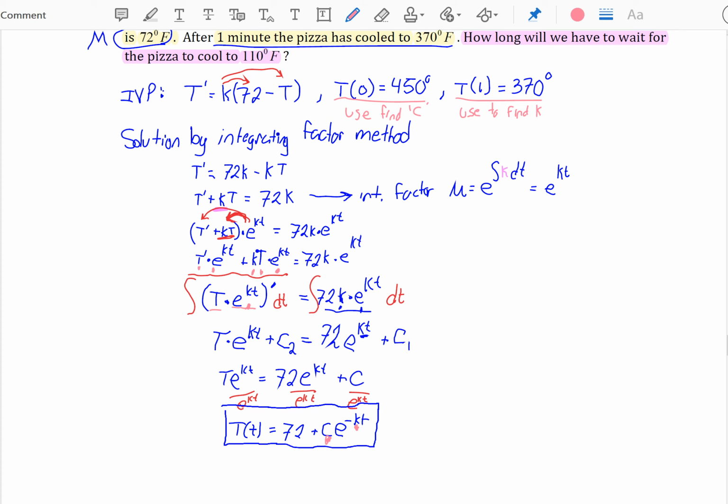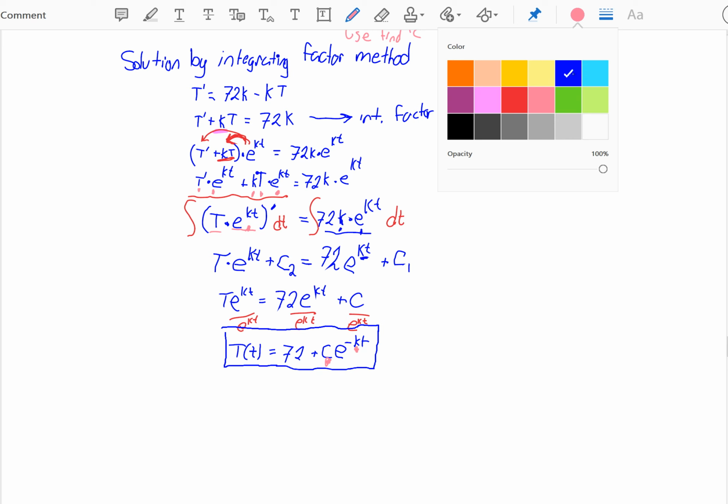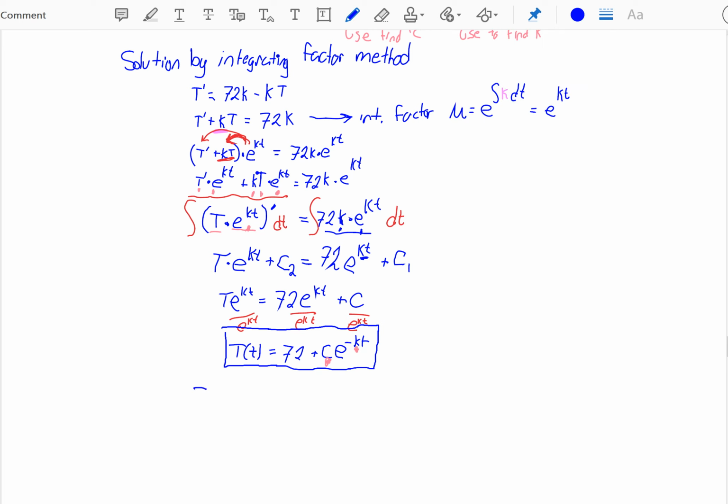So at time 0, we know we have 450 is our temperature. So T of 0, of course, that's going to be 72 plus C e to the 0, and this has to equal 450. Of course, since e to the 0 is 1, this gives us that 72 plus C is 450.